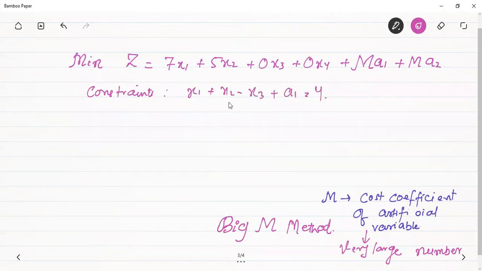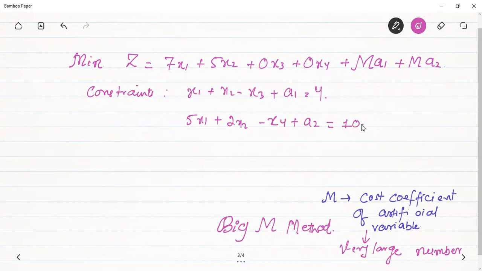Tell me quickly, what was the second constraint? 5x1 plus 2x2 minus x4 plus a2 is equal to 10. So this becomes the objective function.